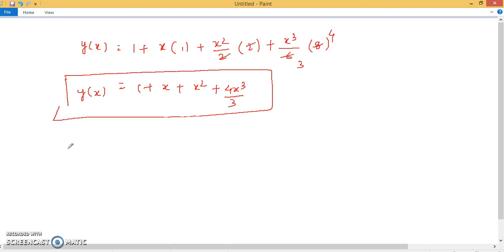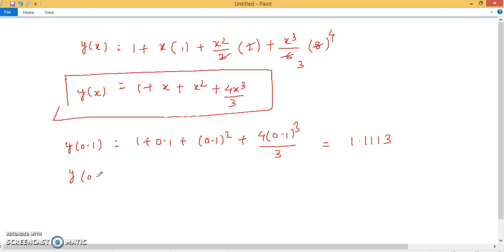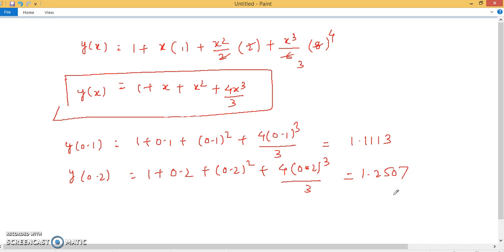So now we can substitute the value of y at 0.1: 1 plus 0.1 plus 0.1 whole square plus 4 into 0.1 to the power 3 by 3. We'll get the value 1.1113. Similarly, if you find the value at 0.2, 0.2 whole square plus 4 into 0.2 cube by 3, we'll get 1.2507.